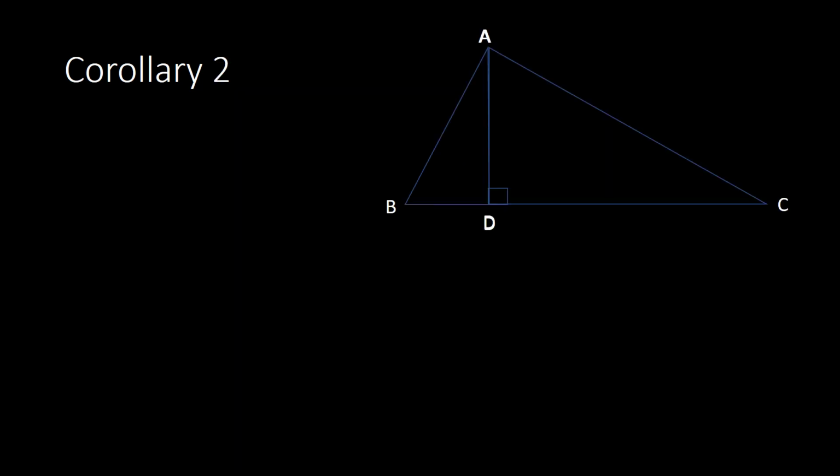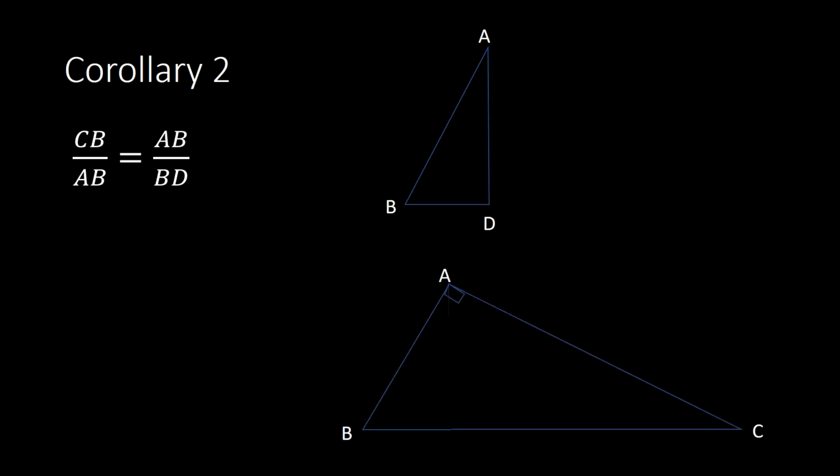Here's a second corollary based off the theorem where, given the same picture, we know that this relationship will be true. Now let me walk you through what this means with this notation, CB over AB equals AB over BD. So what that means is if you were to take this picture, and let's say you were to just look at the triangle on the left side and then the big triangle.